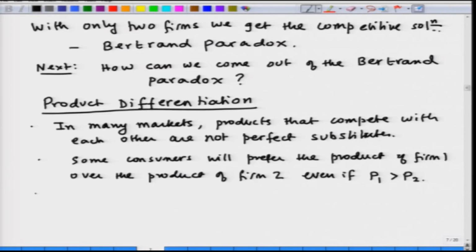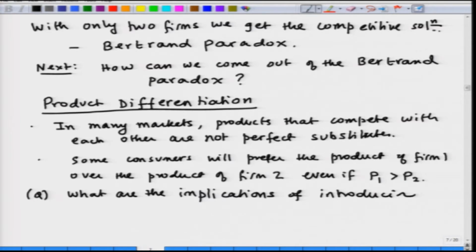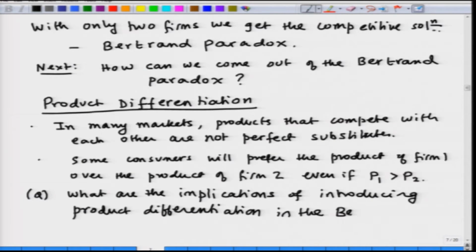Okay. So, the question that we want to ask is, what are the implications of introducing product differentiation in the Bertrand model. This is the question that we want to ask.